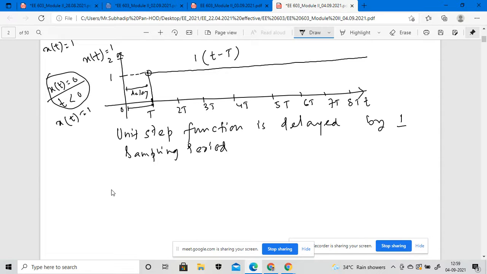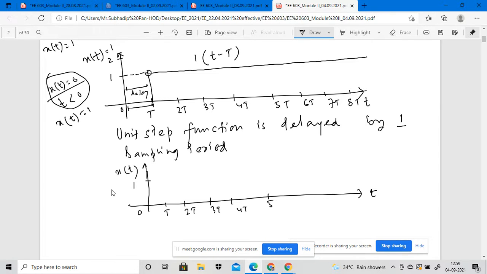So if my function is like this, it should be x of t against t, and the value here is 1, and this is 0, with T, 2T, 3T, 4T, 5T, 60, 70, and 80.